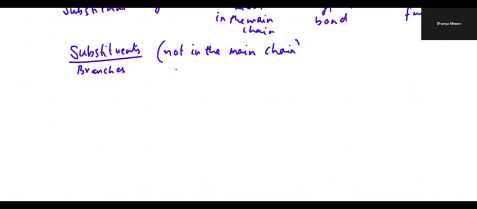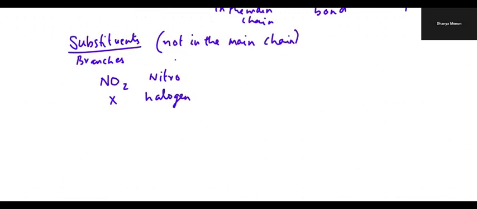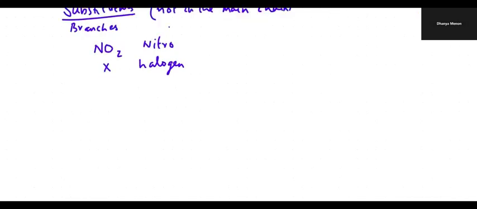Substituents can be nitro group. This is nitro. Then I have X; wherever you find X, that means it can be halogen. If they have given a generalized form, they can mention X, which can be any halogen. Halogen can be F. If it is F, we call it fluoro. If it is Cl, chloro.